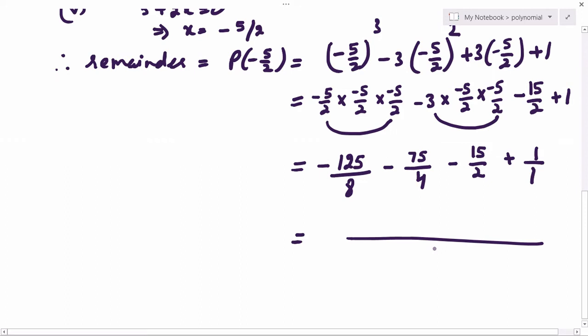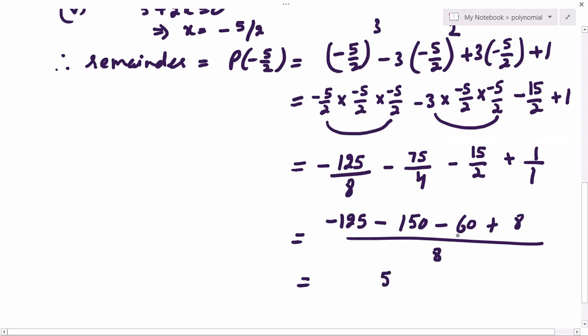Now you can take the LCM of that. You will get 8 minus 125 minus, when you divide 8 by 4 you will get 2, 2 multiplied by 75 would be 150. 8 divided by 2 equal to 4, 4 15s are 60, plus 8 divided by 1 is 8, 8 multiply 1 is 8. Now you have these three negative numbers, so you can add them.